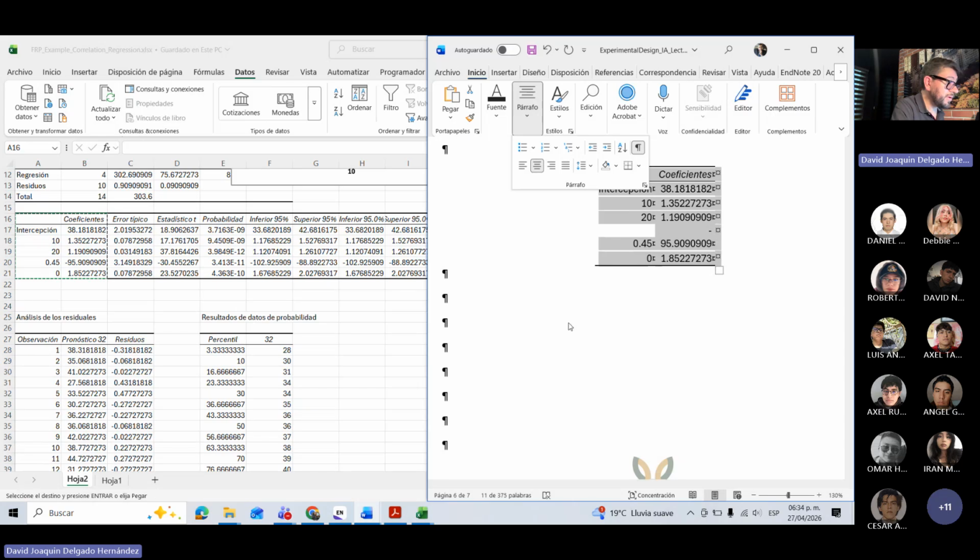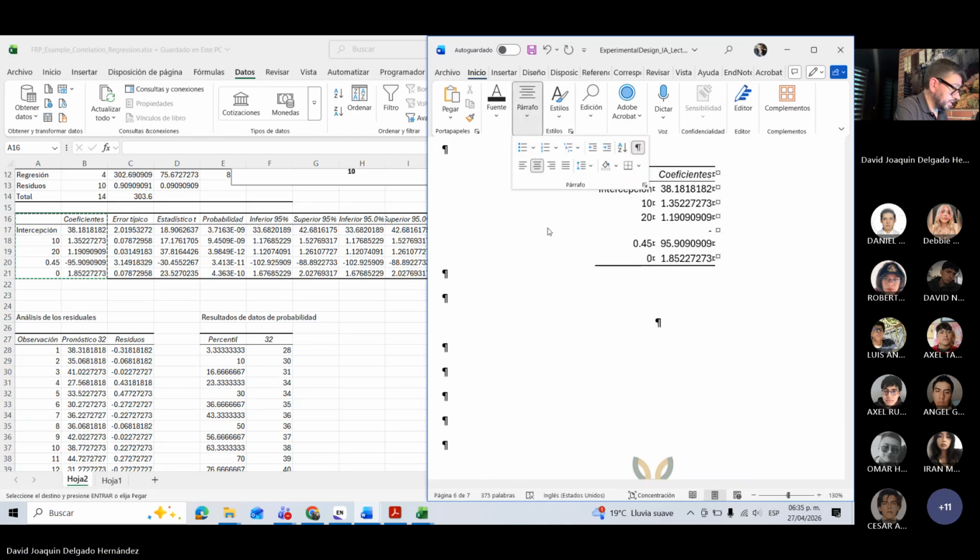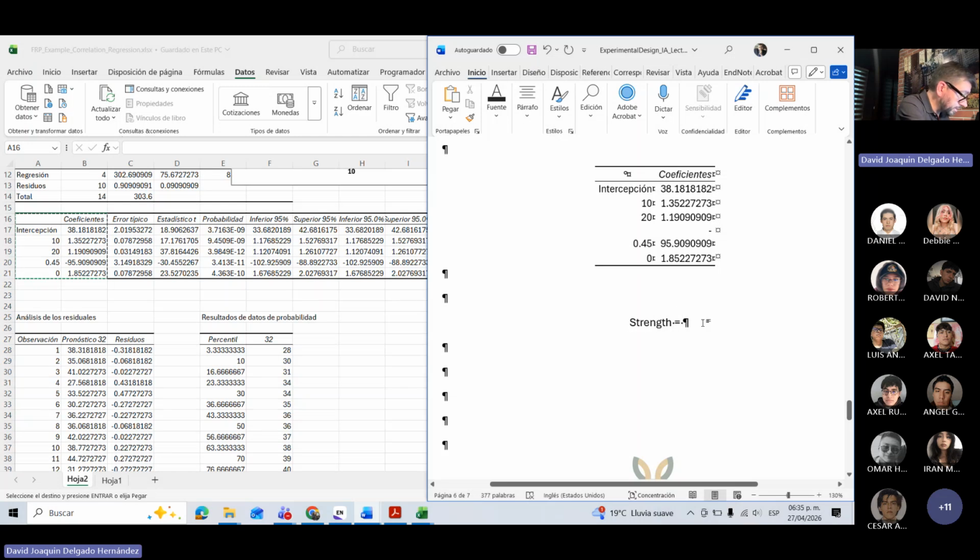So that means that the formula for predicting the strength is like this. So let us put here strength equals 38.18, which is the first coefficient, this one here, plus, so this 10 corresponds to the width.